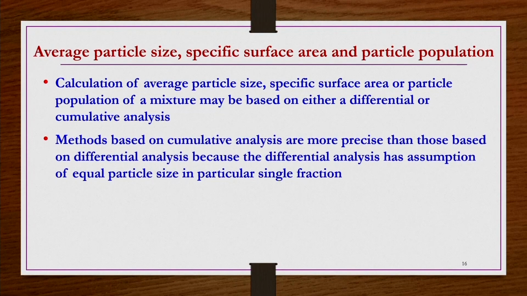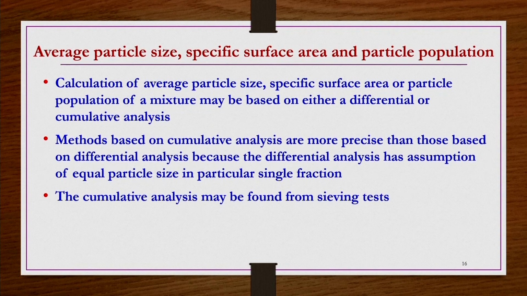However, the methods based on the cumulative analysis are more precise than those based on the differential analysis, because the differential analysis has the assumption of equal particle size in a single fraction. Within a single fraction, whatever material is there, we assume it has a uniform diameter, but those kinds of assumptions are not there in the cumulative analysis. That is the reason the numbers from the cumulative analysis are more precise.